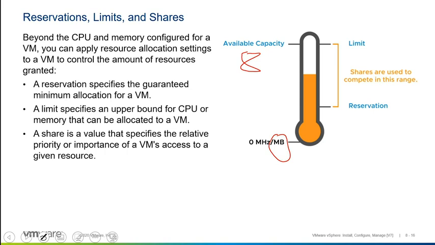I can guarantee any amount of memory up to exactly what I've allocated. Any other virtual machines that I haven't had a guarantee for, if we are under contention, will have to fight amongst themselves for the available resources. But if I set a reservation, it's a guaranteed minimum.